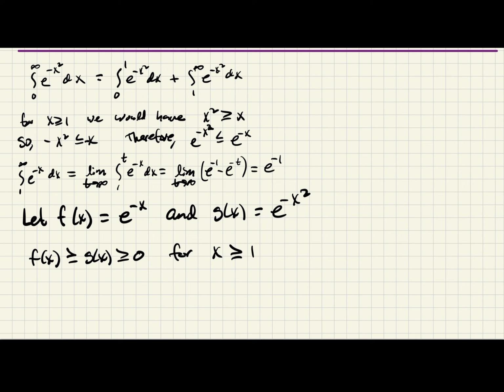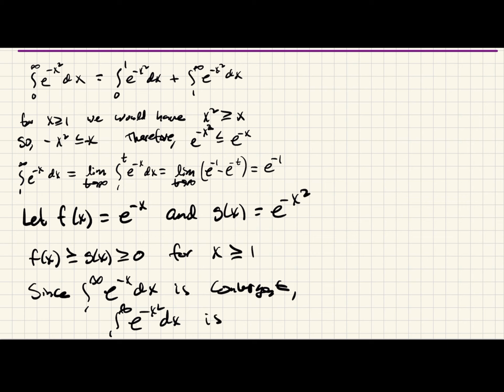Okay, now since the integral from 1 to infinity of e to the minus x dx is convergent, the integral from 1 to infinity of e to the minus x squared dx is also convergent. Very good.